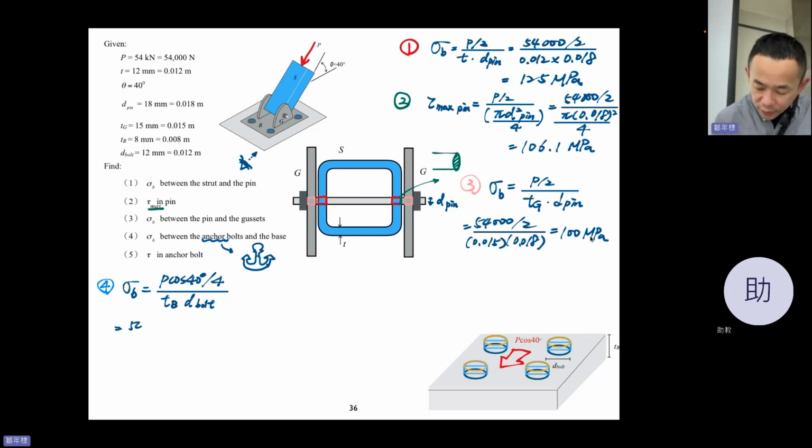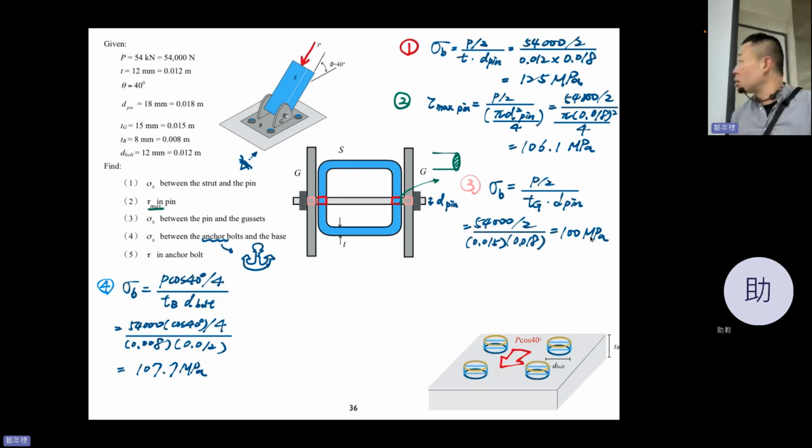So equal to 54000 cosine 40 degree divided by 4, and 0.008, 0.012, and 107.7 megapascal. Okay, so that's it. Final one.